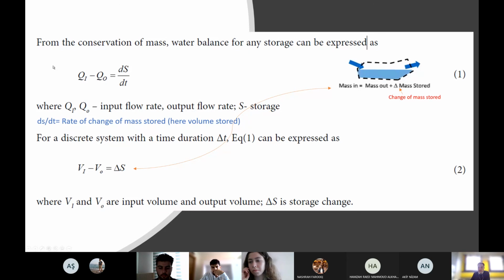This, either for a small catchment, as Jeren said, or considering dS over dt equal to 0 for the globe, can be used to solve many problems. In general, this equation is called water balance. Has anyone already passed fluid mechanics in this course?